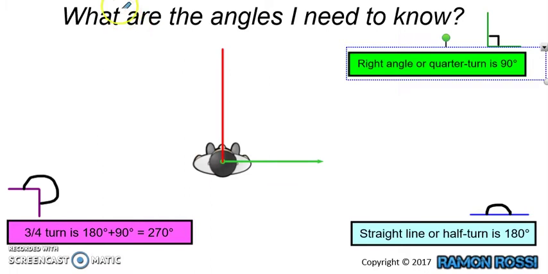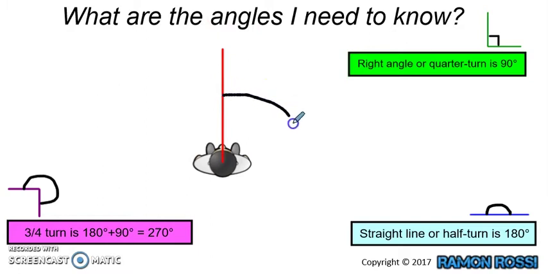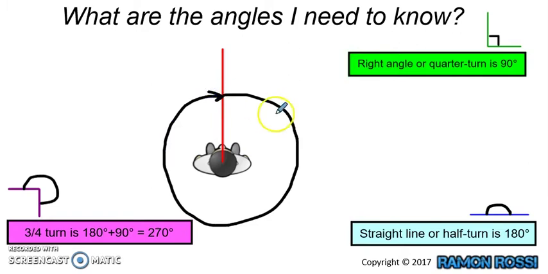But the strange thing is, Tim has already turned again. He's now facing up. It looks like that's where he was right at the beginning. And that's because the starting point is the same as the finishing point. He started here and he's gone all the way around. And that is the full turn, as we've called that earlier. And what is the number of degrees of a full turn?